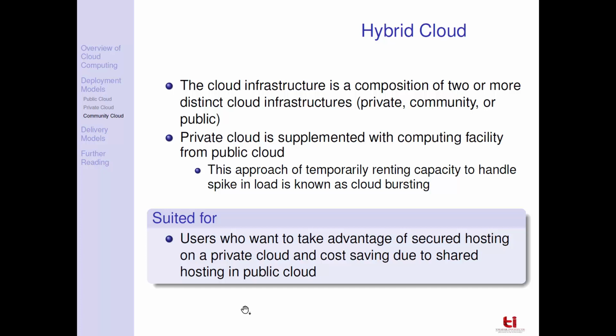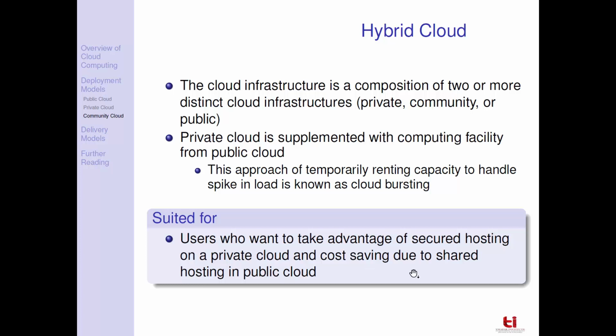So we have seen four deployment models: public, which is open for all; private, which is only for particular organizations and users of that organization; community cloud, which is for multiple firms, users, and organizations, bound by some common mission or policy due to which they come together and create a cloud; or a hybrid cloud, which is a combination of any of these.